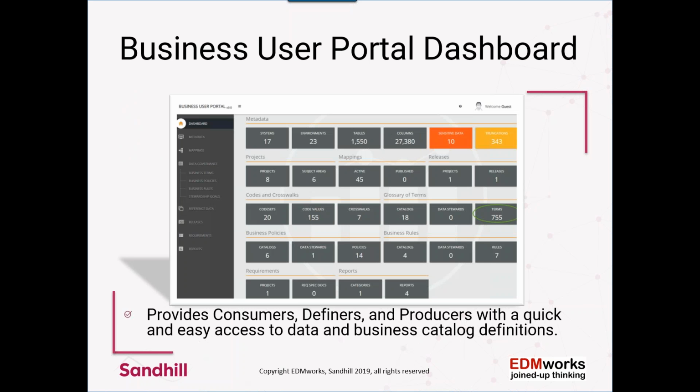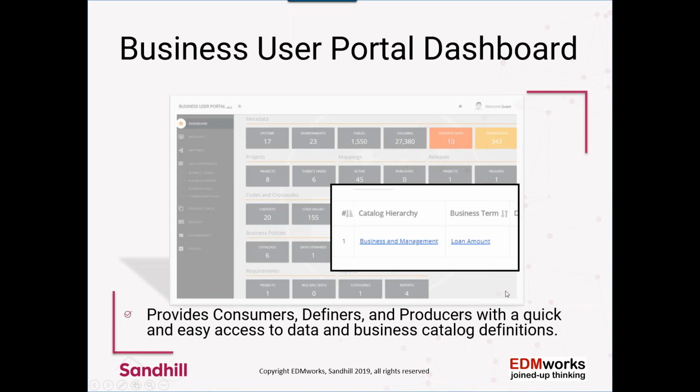Well, previously I was showing you the fact that we can understand and define what the metadata is. And one of the assets that we've got out there is what we call the Business User Portal. What the Business User Portal does is say, these are the various assets that have been developed. Some of those you'll see on here, for example, down over here where we've got the business terms.